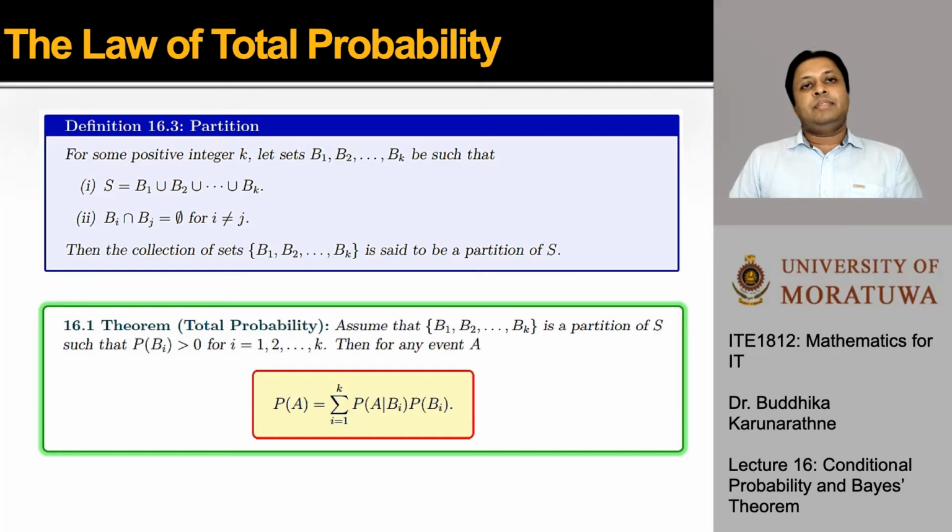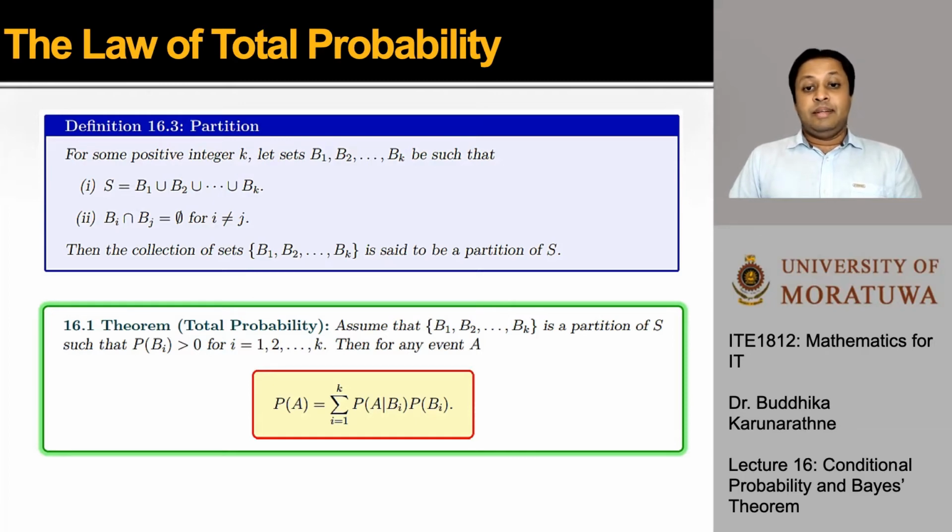So next, we move on to the theorem of total probability. Assuming that B1, B2 until Bk is a partition of S such that the probability of Bi is greater than 0 for all i equals 1, 2 until k.